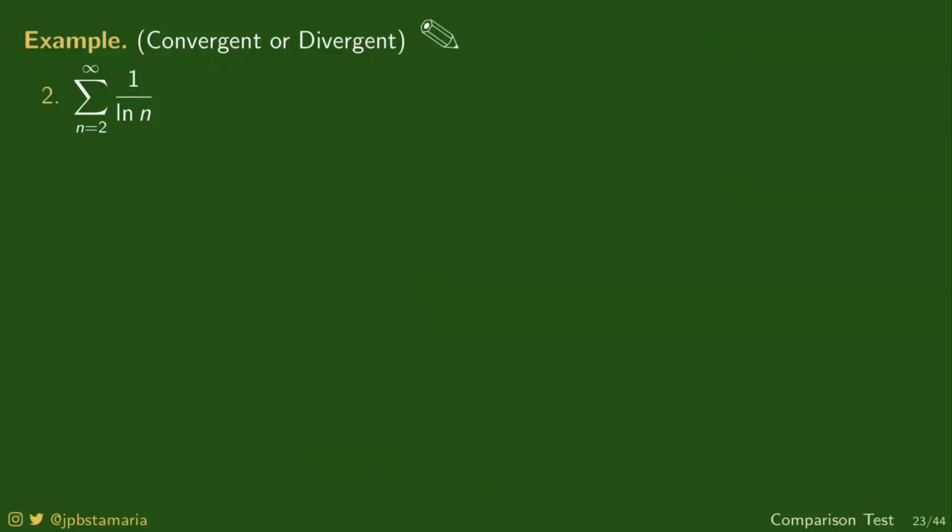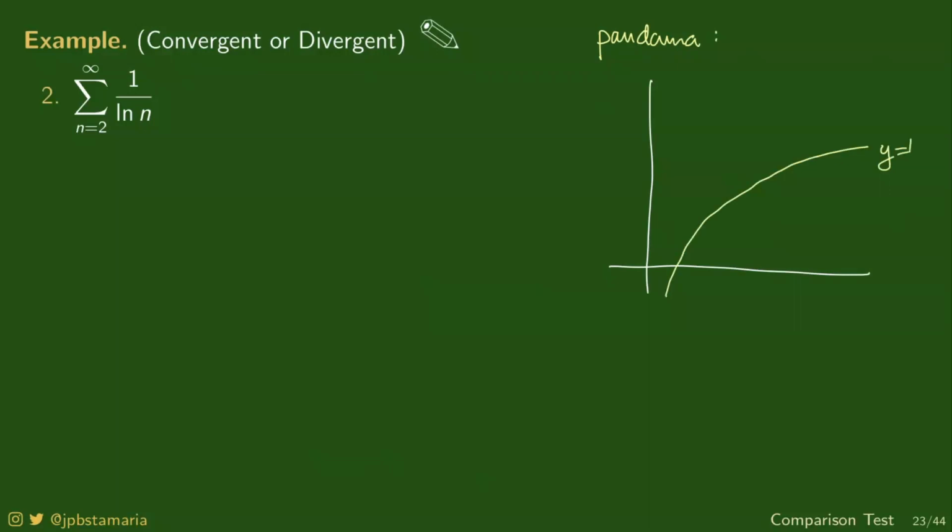Okay, bigyan ko kayo idea. Sige, pandama. Drawing yung axis. Alam niyo yung ln of x, yung graph nun, di ba pag ganito? Whereas yung y equals x, so sino ang mas nagdo-dominate? Si x o si ln of x?